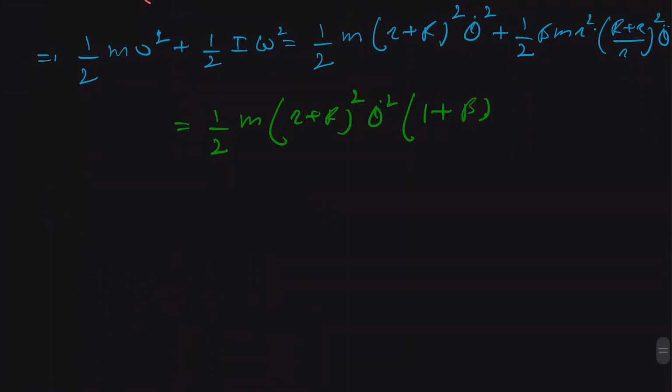So you can say that this will be equal to m g (R + r) times (1 minus cos of theta), and here the m cancels out.